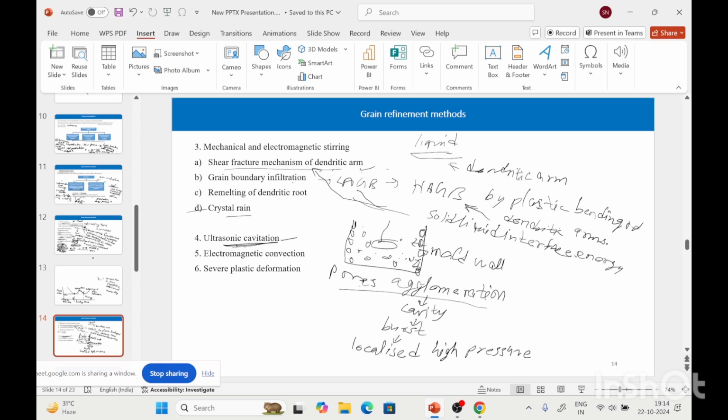So this localized high pressure leads to the supercooling of the liquid, and the supercooling will further lead to heterogeneous nucleation.